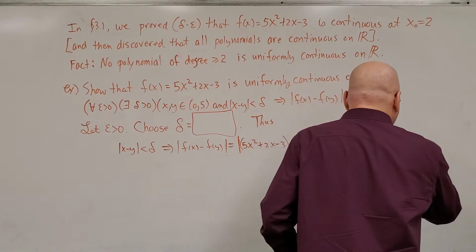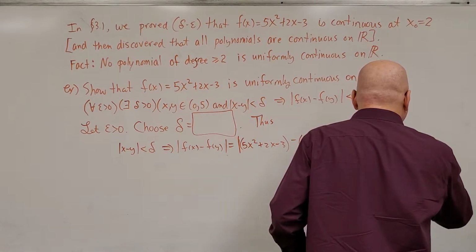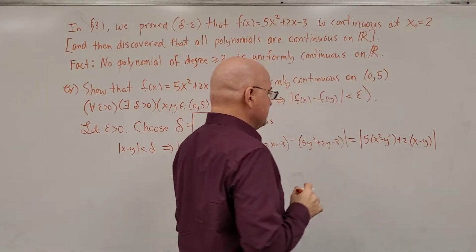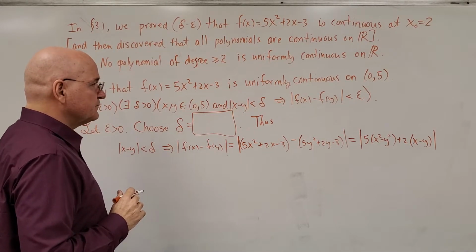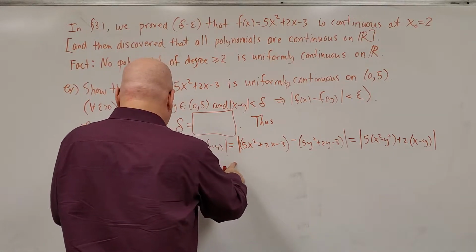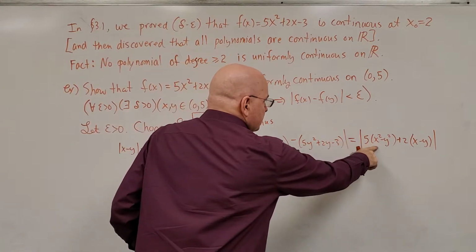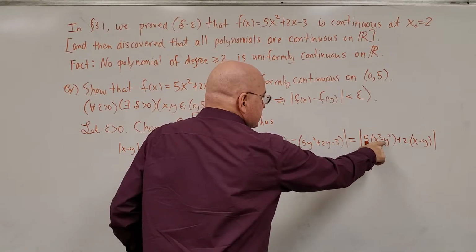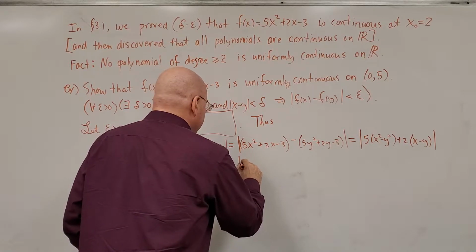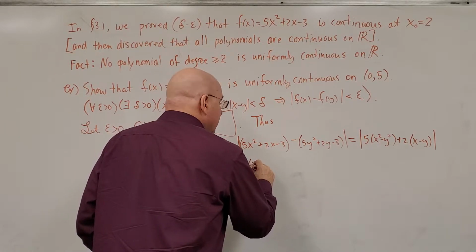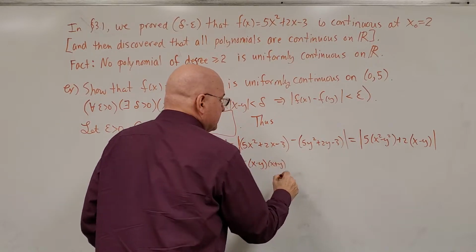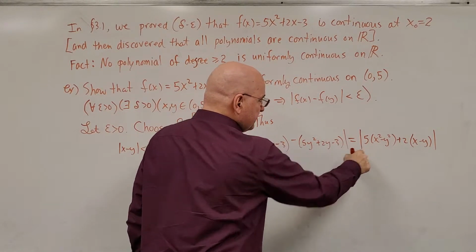So I will call that plus 2 times x minus y. That was just simple algebra. This is the difference of two perfect squares, x squared minus y squared, so I'm going to call that 5 times x minus y, x plus y. I just factored the difference of two perfect squares.